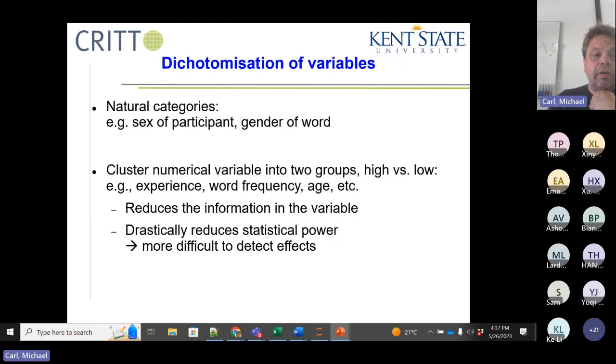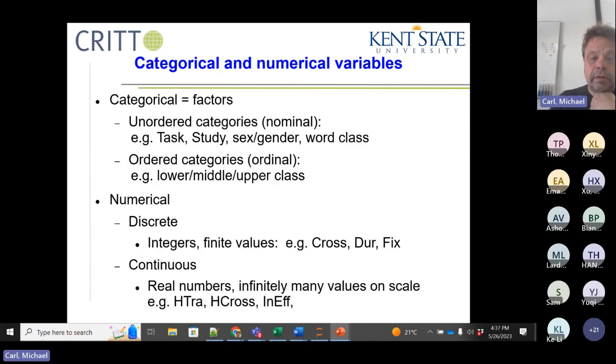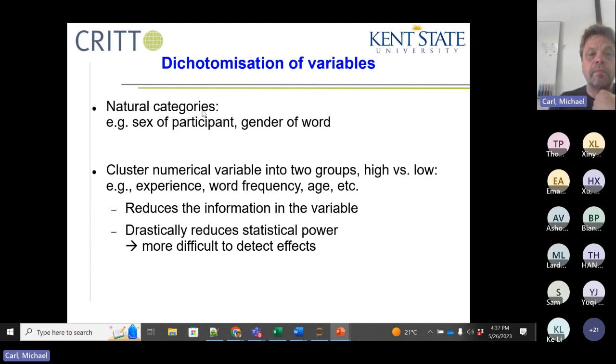Okay, so then one can also dichotomize, if this is the right pronunciation, variables. Means we have, for instance, natural categories, sex of participant, gender of words, and so on. But we could also, for instance, dichotomize continuous variables and bin them, like what we had in the histograms, right?